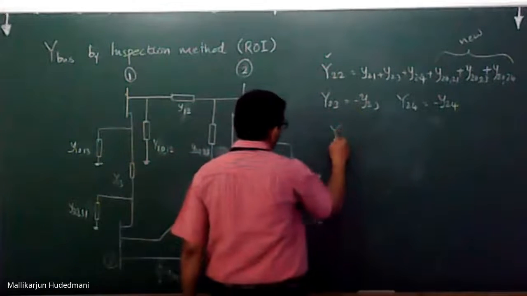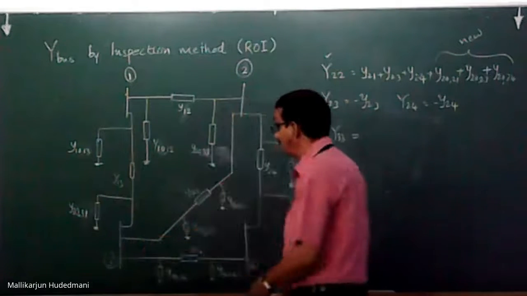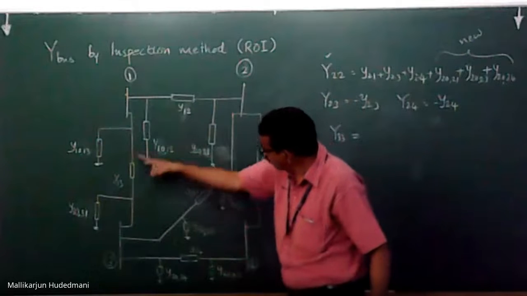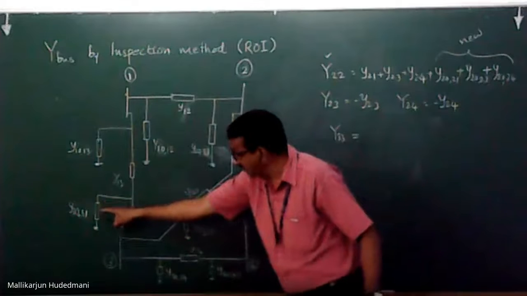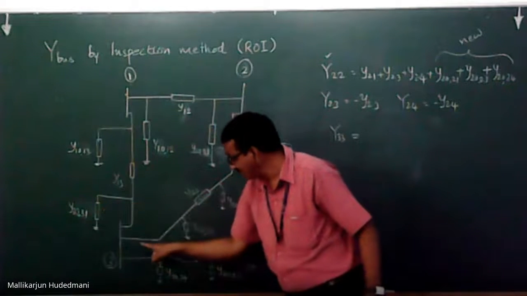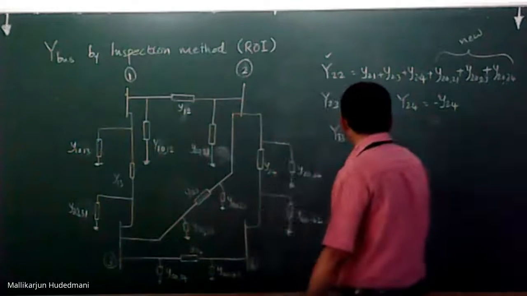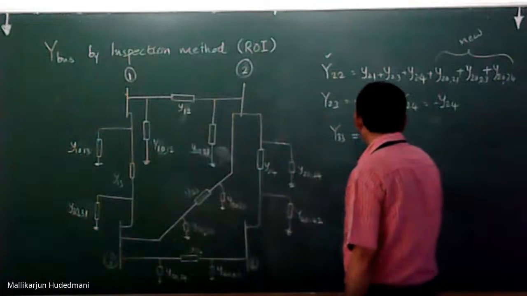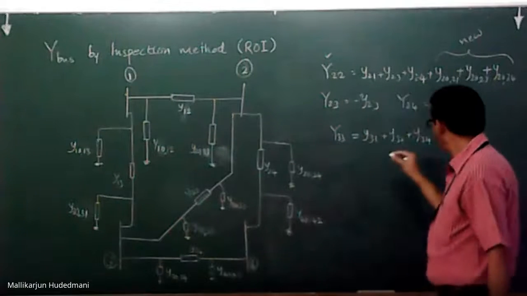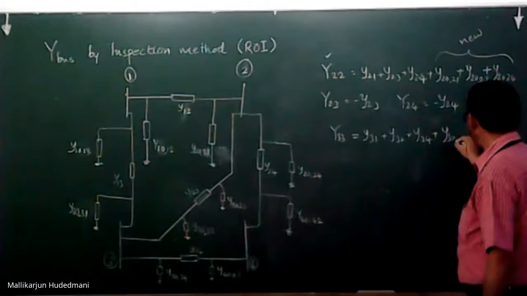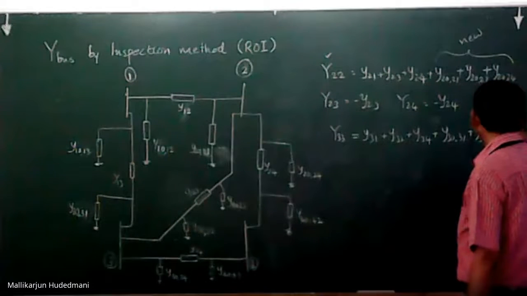Similarly, if I want to go for Y33, Y33 means I am at bus 3. Look at this. How many elements are there? 3 to 1, 3 to 2, 3 to 4, straight. As well, pi models admittances to the ground: Y30,31, Y30,32, Y30,34. You will have 6 terms in the representation. So you will have Y31 plus Y32 plus Y34 as usual, plus Y30,31 plus Y30,32 plus Y30,34, like this.